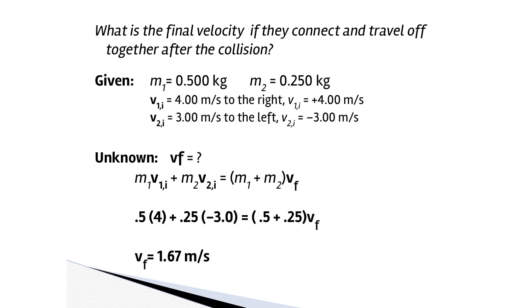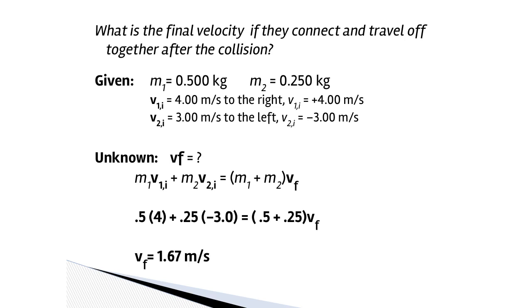Mass 1 is 0.5 kilograms. Mass 2 is 0.25 kilograms. V1 initial is 4 meters per second to the right, which is going to be plus 4. Velocity of 2 initial is 3 meters per second to the left, so V2 initial is minus 3 meters per second.